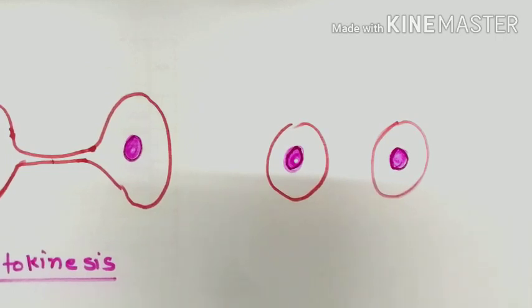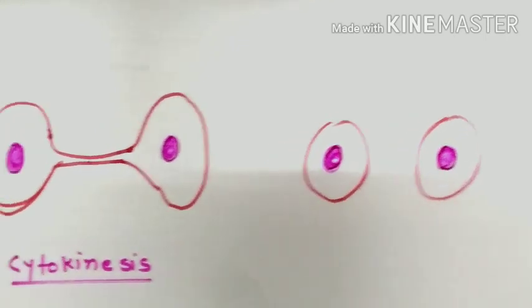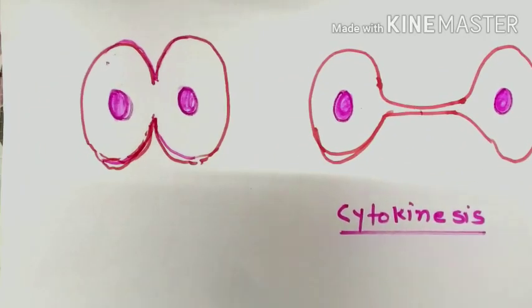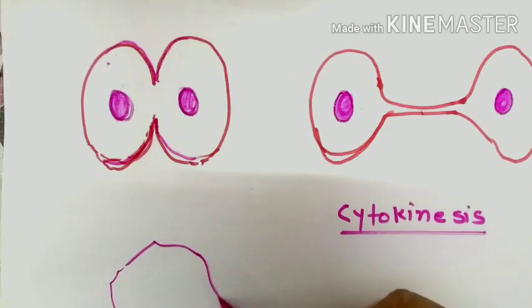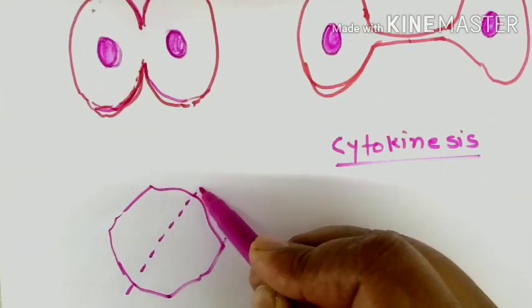This notch formation takes place along the equatorial plane, but sometimes in the case of a plant cell, instead of a notch, cell plate formation takes place. What is a cell plate? See, suppose this is the plant cell. Just like this, the cell plate forms.